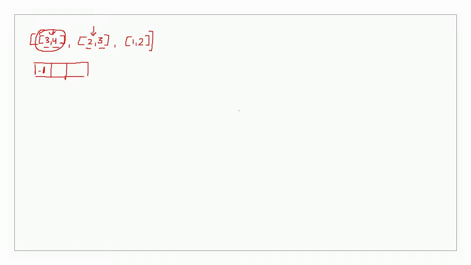So I'll choose this particular interval as the right interval, and I'll add its index to the output array. So I'll add 0 here. Now moving on to this particular interval, the start value is 1 and the end value is 2.